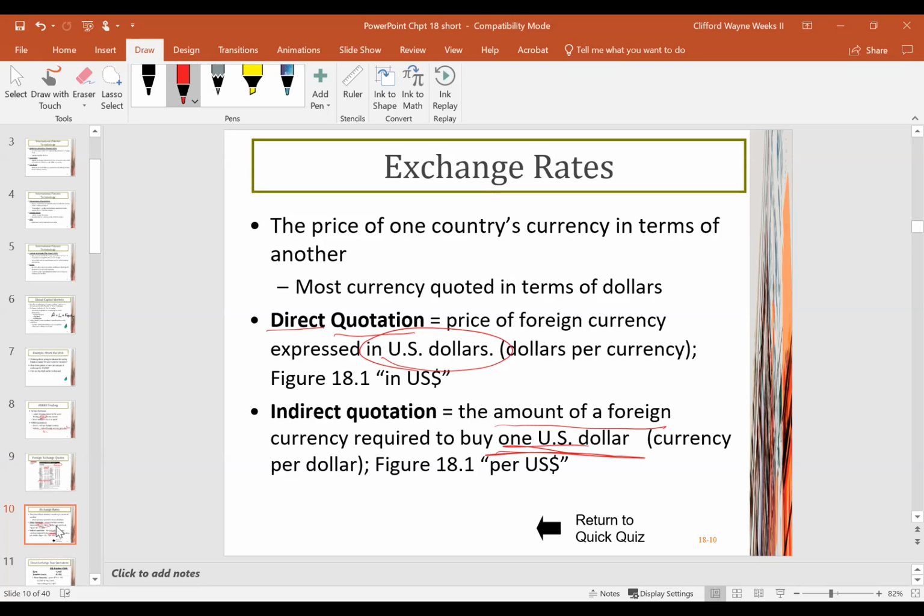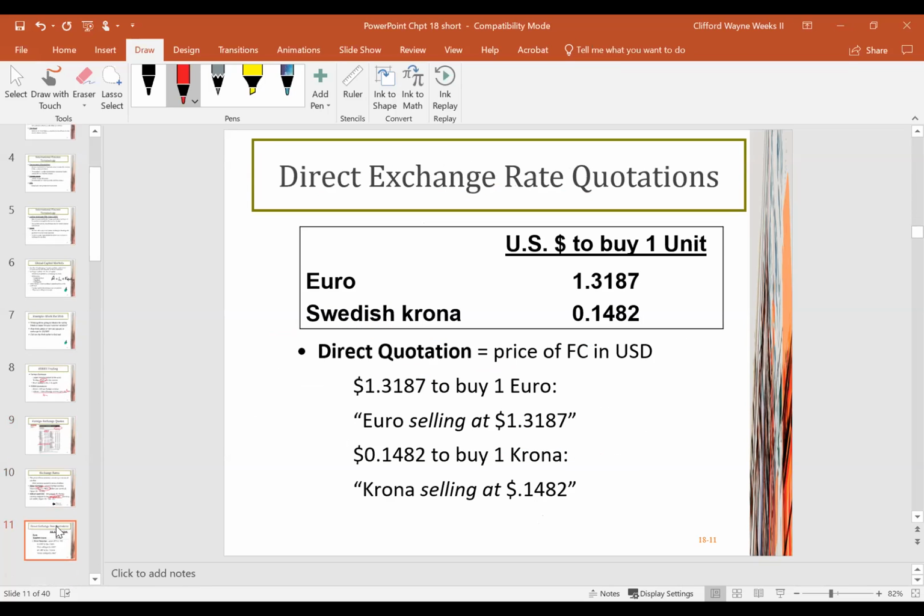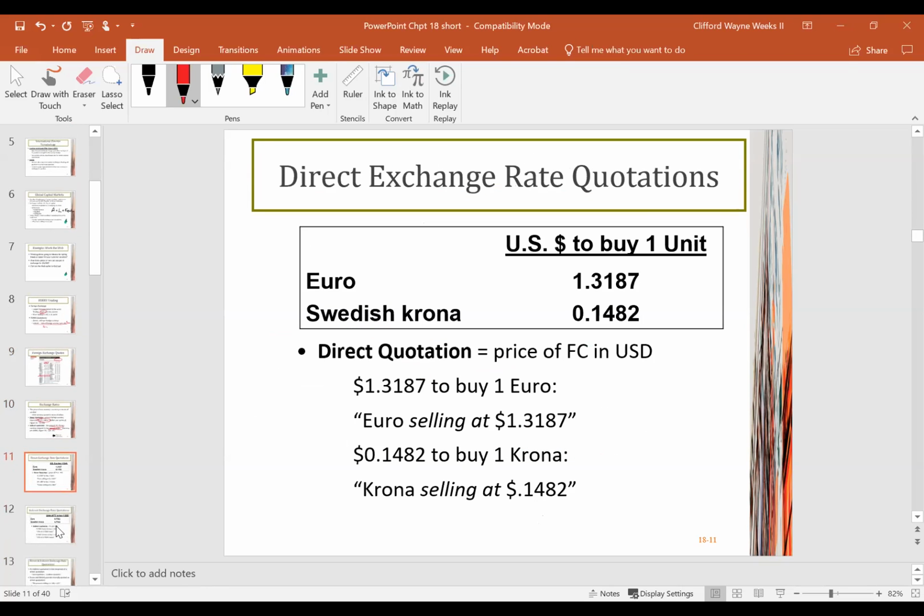It would be about 107 yen per US dollar, the indirect quote. They just show us the US dollars to buy 1 unit.